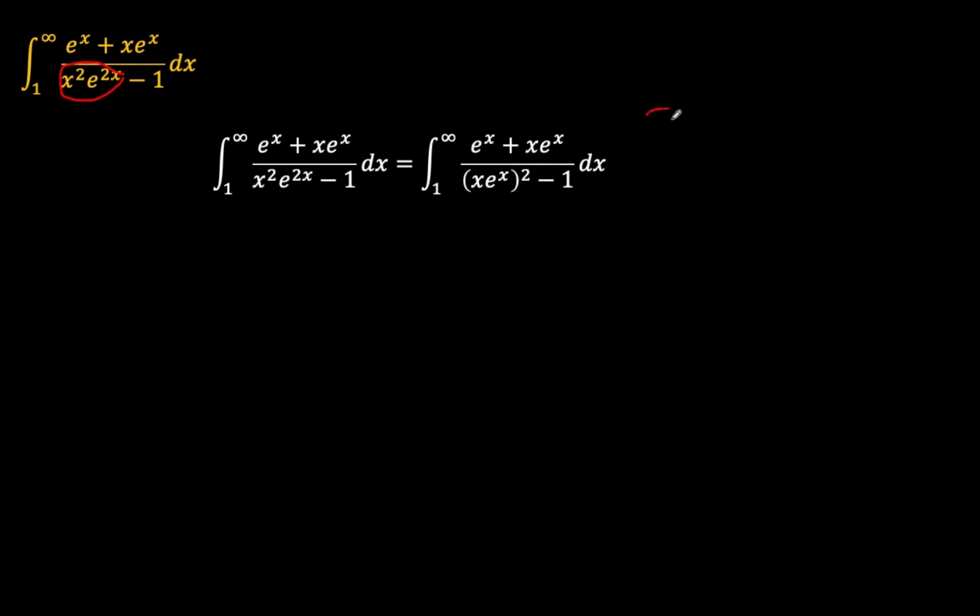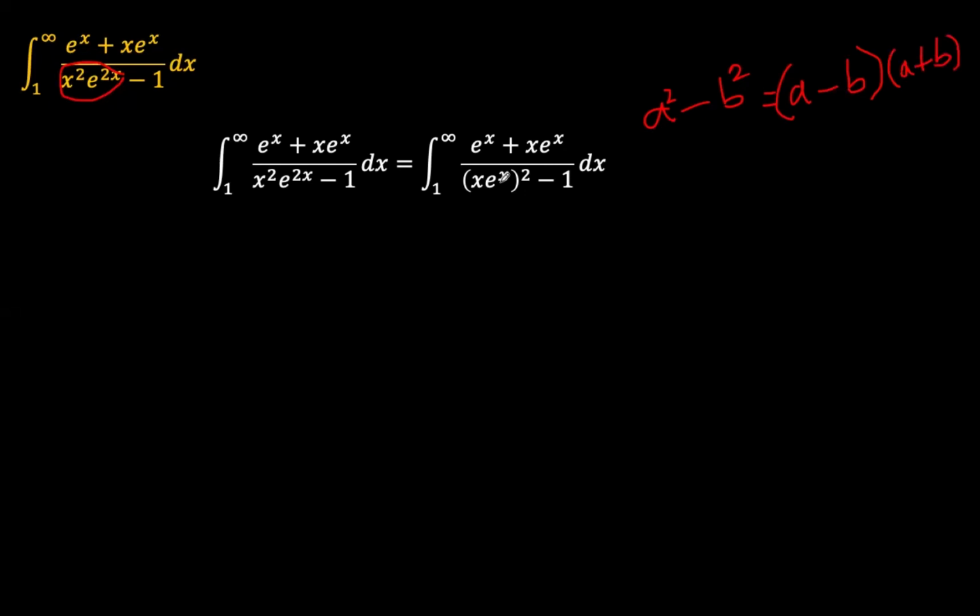And since we know that a squared minus b squared is equal to, in brackets, a minus b, close bracket, times a plus b, right?